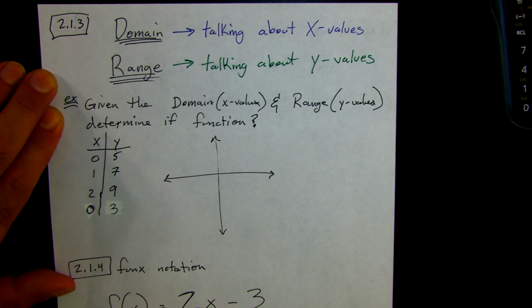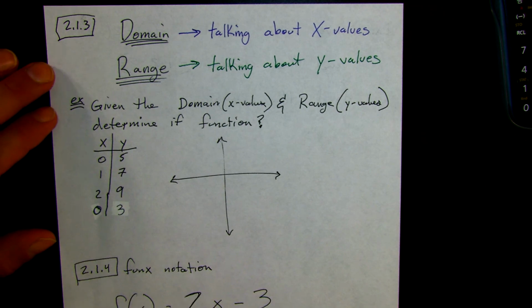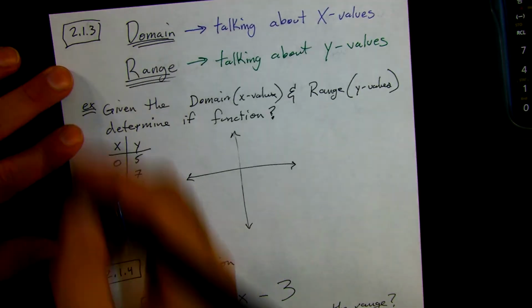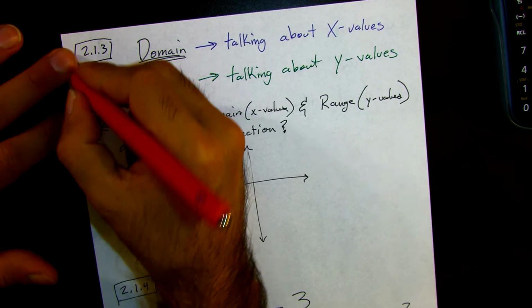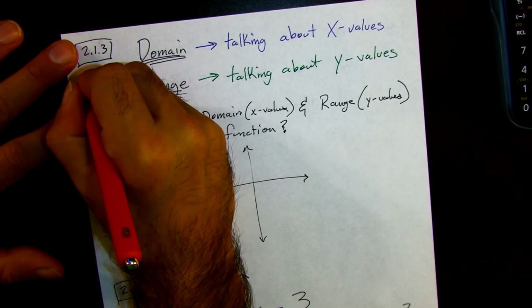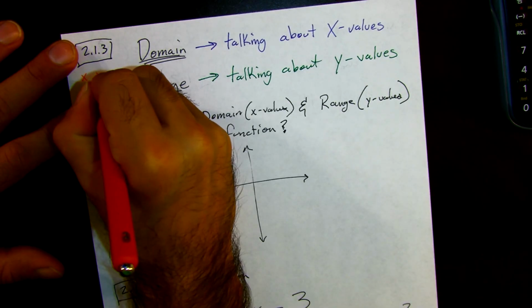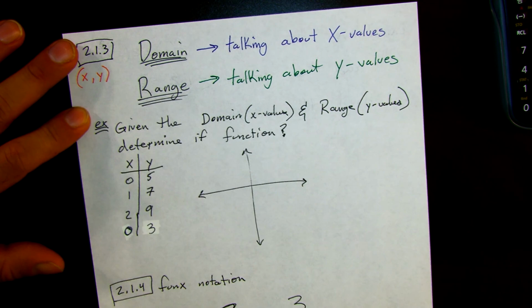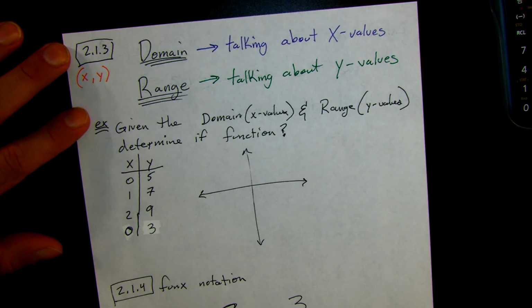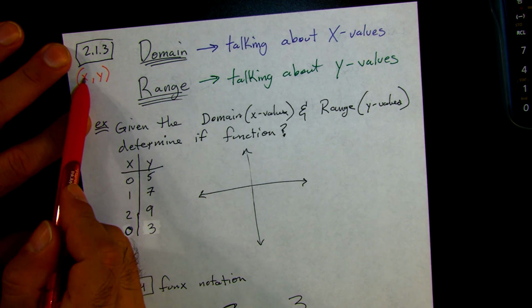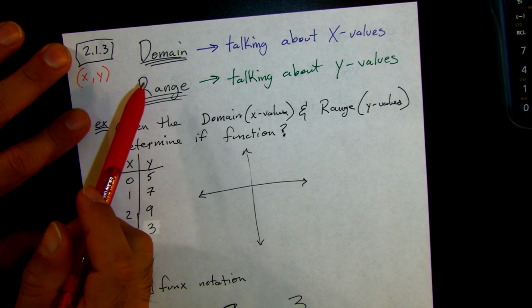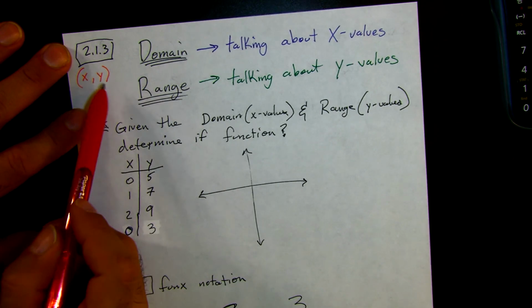Okay. Here's a way you can remember it. Write this down next to over here. You may have recognized the x, y order in an ordered pair. How do we know which one's the x, which one's the y? It's because it's in alphabetical order. X, Y, Z, right?